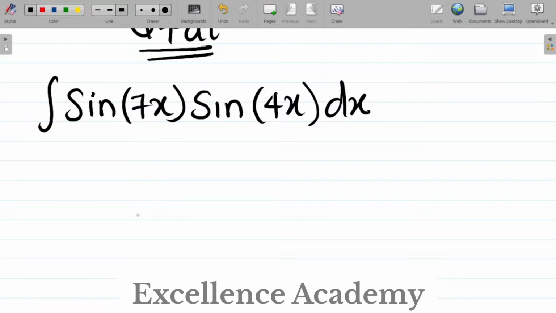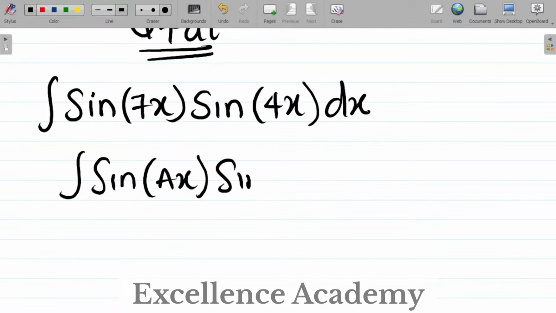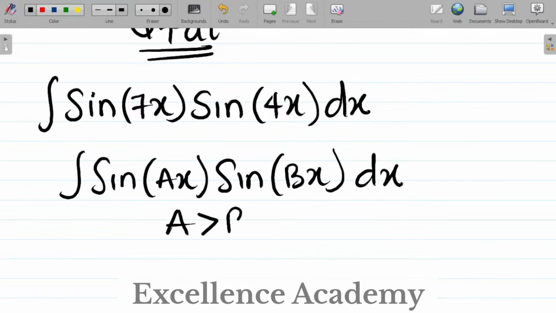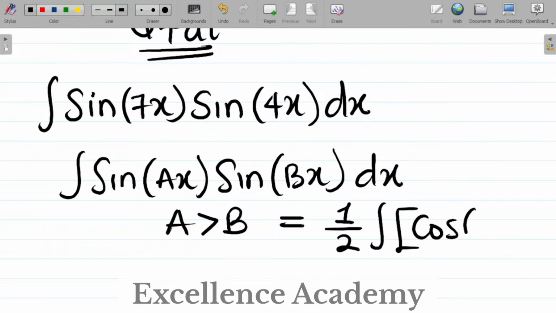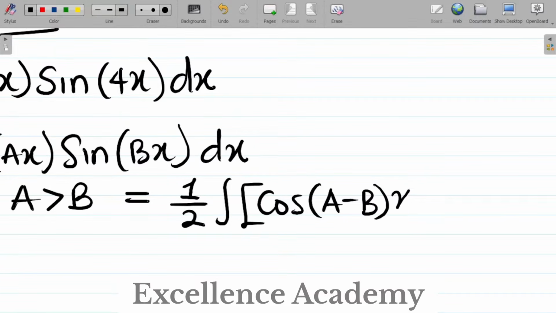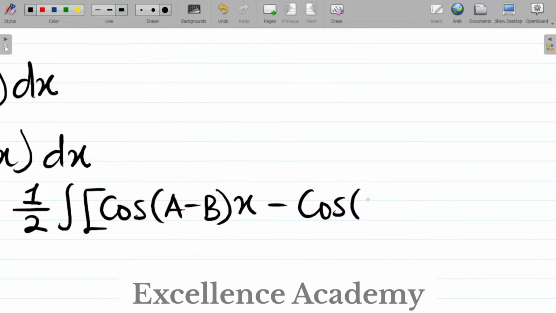But note that if you have an integral of the form sine ax sine bx dx, where a is greater than b, then use the substitution 1 over 2 times the integral of cos of (a minus b)x minus cos of (a plus b)x, and then dx.